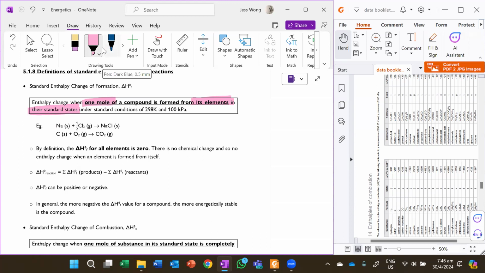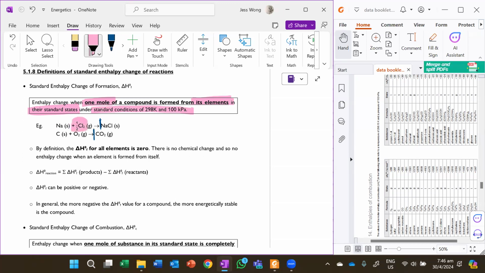So 1 mole of the compound is formed from the elements, and the elements must be in the standard state under a standard condition of 298 Kelvin and 100 kilopascal. When you are writing the equation, the amount of compound must be 1. As a result, sometimes in your equation, you may see fractions like this.